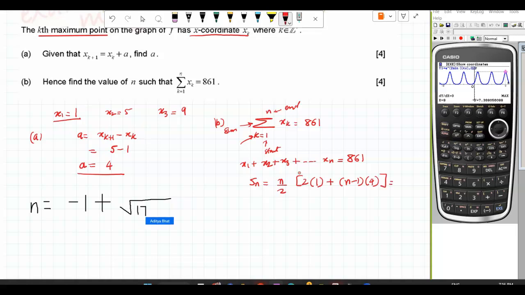Why are you doing all this? But why are you sitting with a calculator? If you're sitting with a calculator, there's no need to do anything of this sort. Then you just do this.